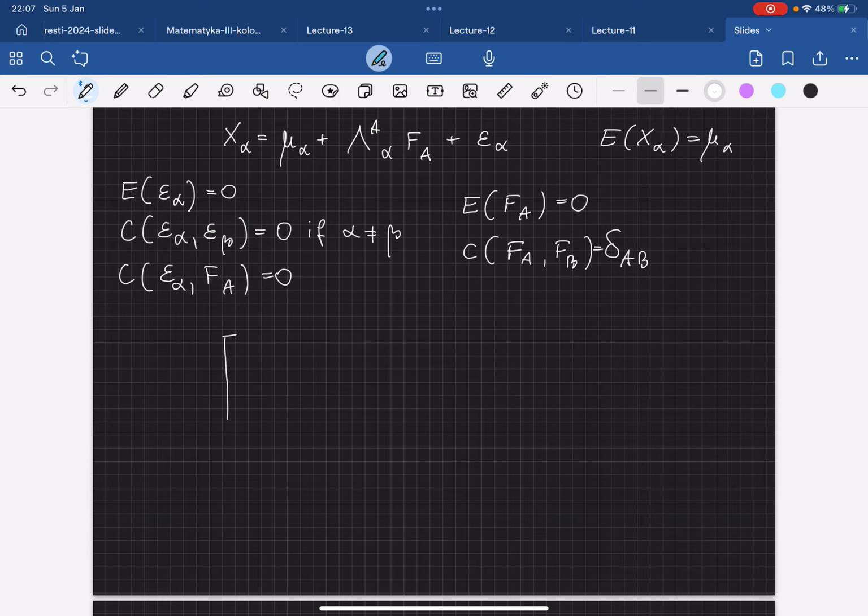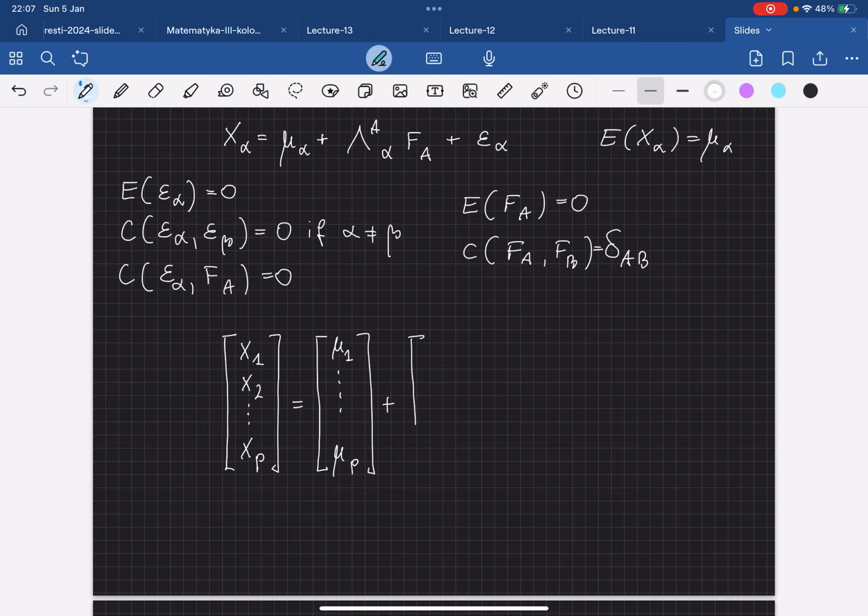So we have a vector of variables, x_1, x_2, up to x_p, and it is supposed to be some constant vector plus a matrix.